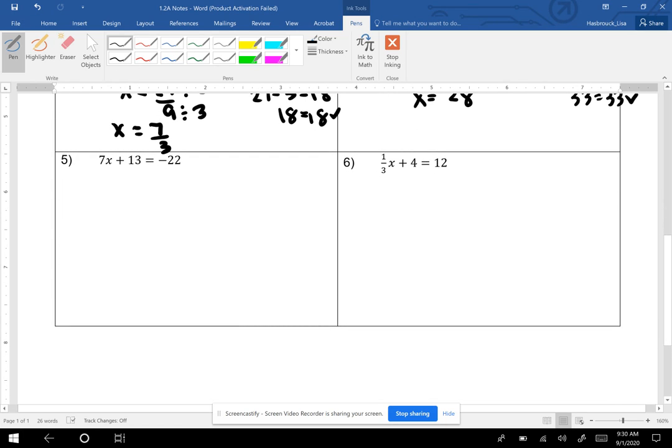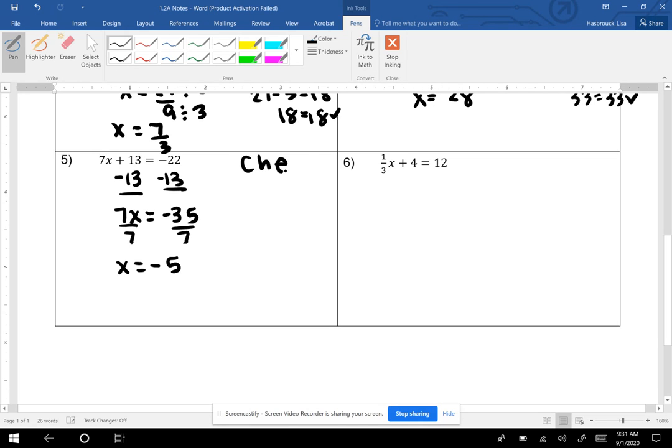For number 5, I'm going to start by moving the 13. So I'm going to subtract 13 from each side. I get 7x equals negative 35. And then I'm going to divide both sides by 7. Negative 35 divided by 7 is a negative 5. So notice signs are important as well. We need to make sure we're paying close attention to signs.